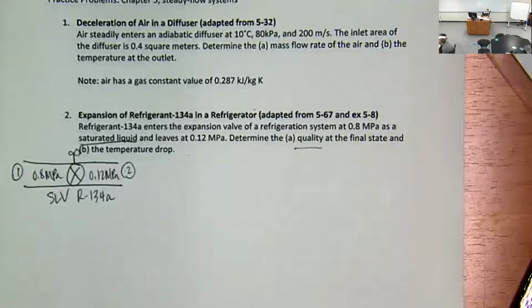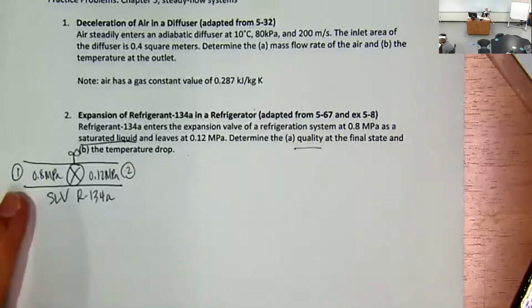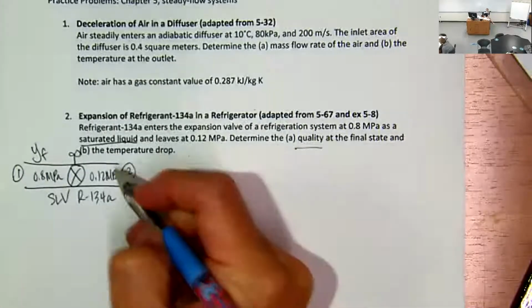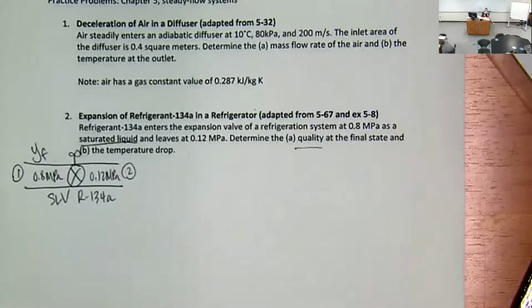So we want to first determine the quality at our outlet. So what is the quality over here? We know that we're coming in as a saturated liquid. So over here, we know that we're a totally saturated liquid. Over here, we know we're a saturated liquid vapor because there's a quality term.